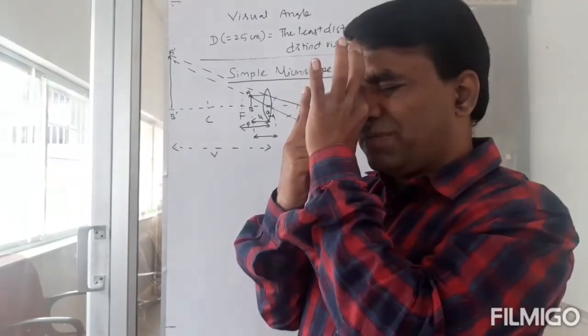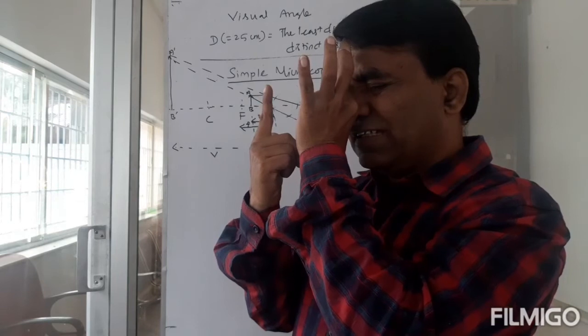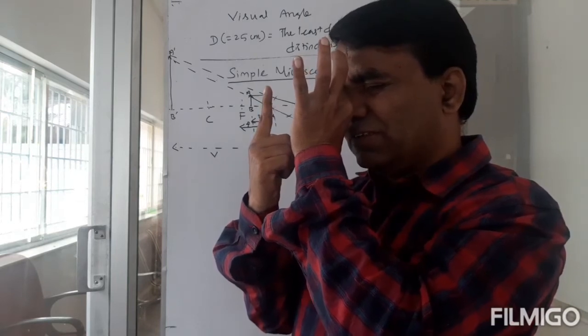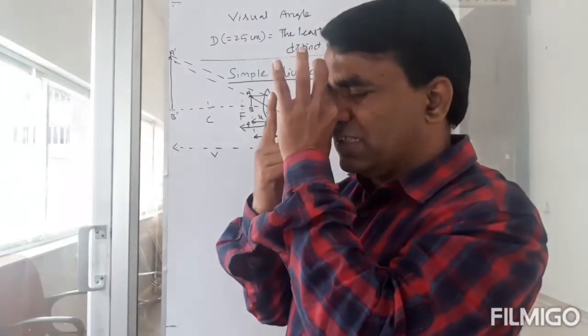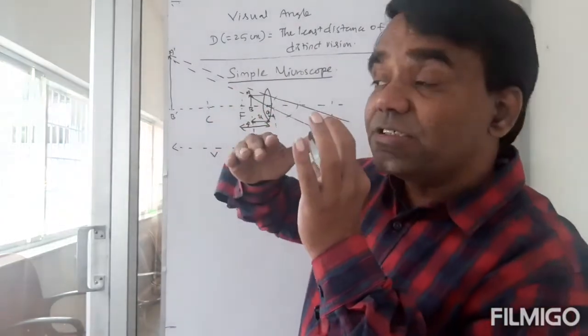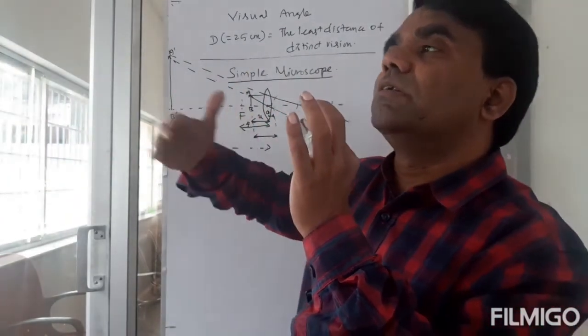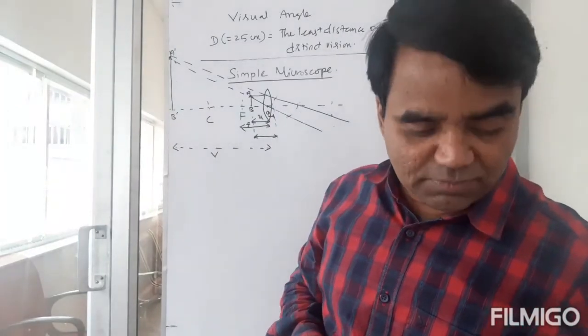So I can see my finger clearly. Actually, I can't say that if I take it further I'll see it better and better; that's a wrong statement. If I take it further, the image is formed at a further distance. That's what I'm trying to say.